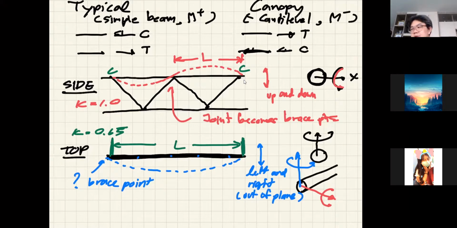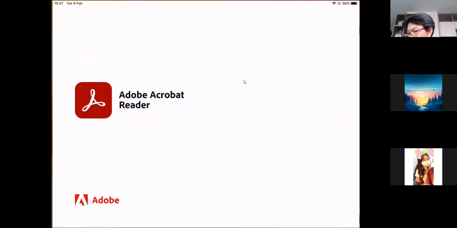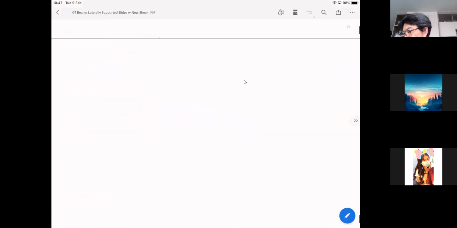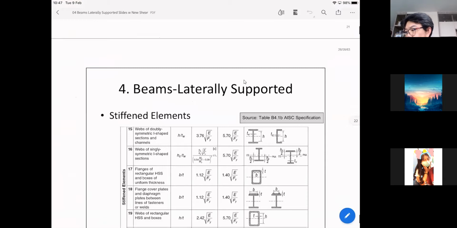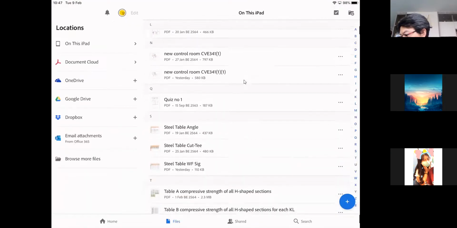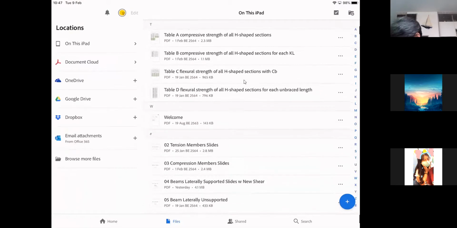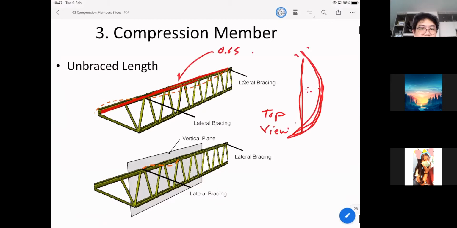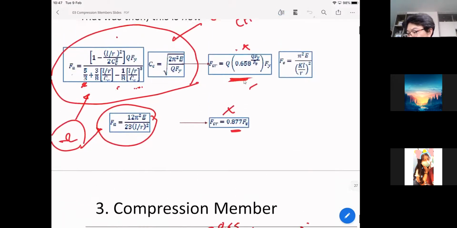I have the same picture here in the slide of chapter 3. But you have done the truss in your statics, right?